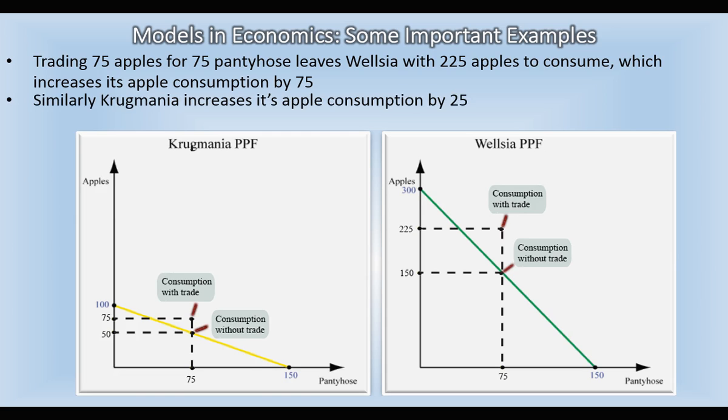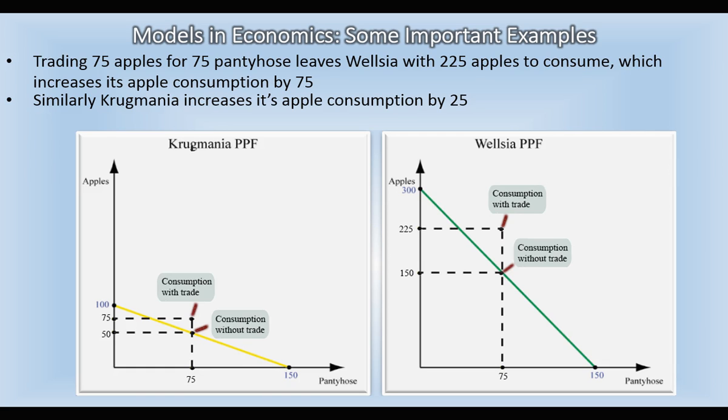Similarly, Krugmania increased its apple consumption by 25. So before, Krugmania was consuming 50 apples. Let me see, I think I'm off here.